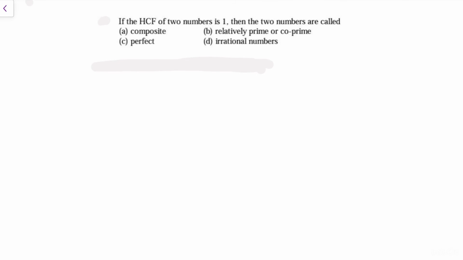Next, if the HCF, that is highest common factor of two numbers, is 1, then those numbers are called co-primes or relatively primes. Next question.